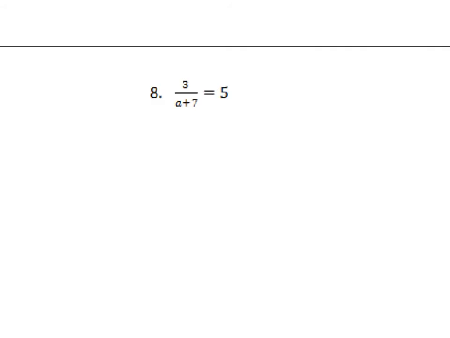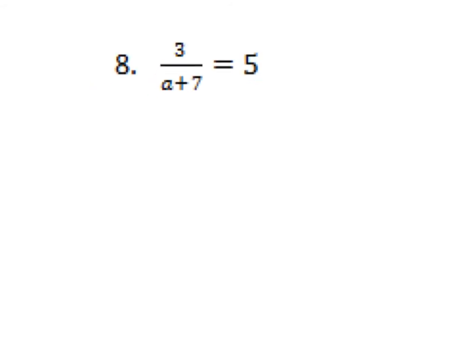Number 8, I've got a fraction on the left that can't be factored and a whole number on the right. So I'm going to change that 5 to a 5 over 1. And now that I've got two fractions that are set equal to each other, I'm going to cross multiply.